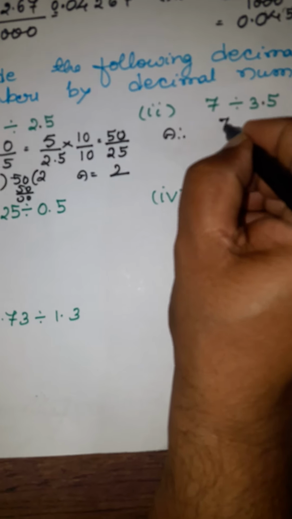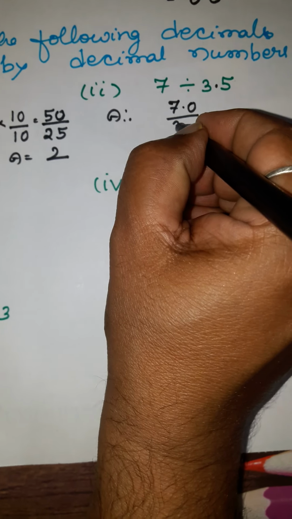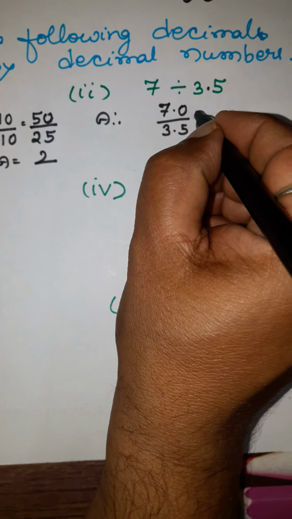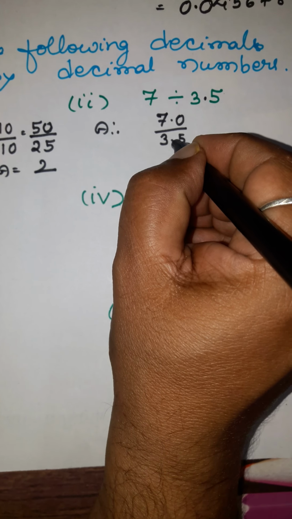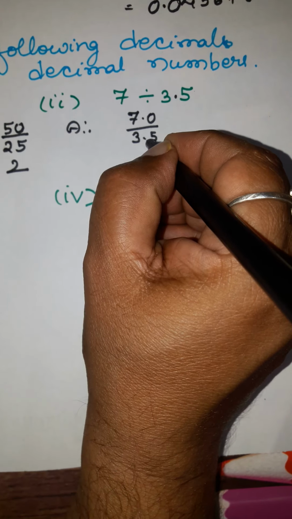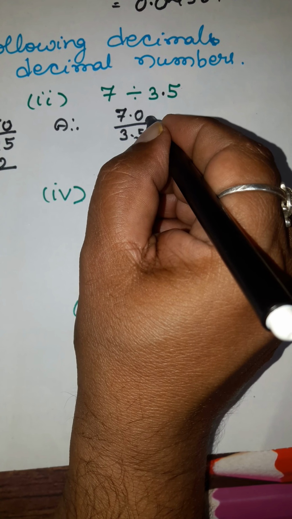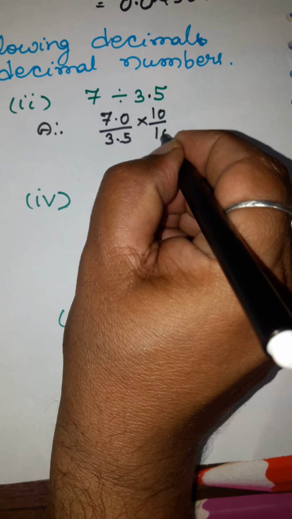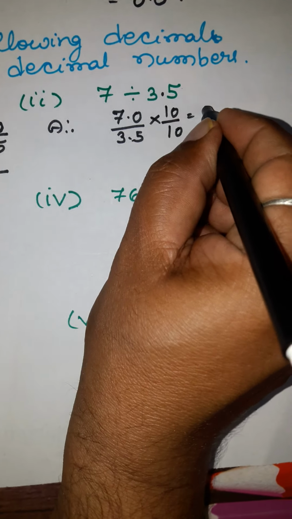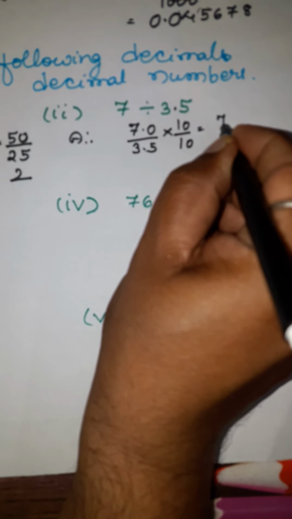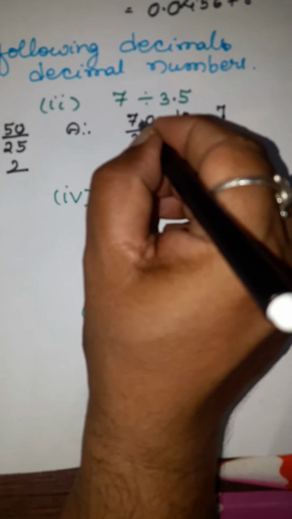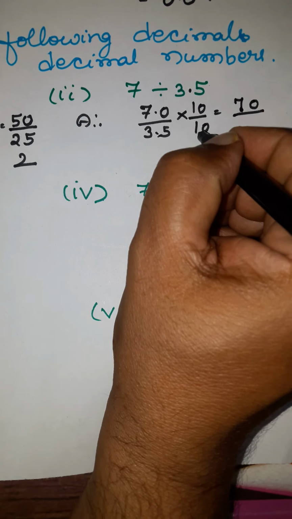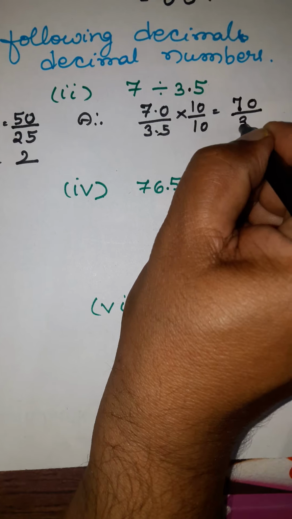The second problem. 7 I will write it as 7.0 divided by 3.5. So I want to remove decimal points in the denominator. So I have to multiply this by 10. This also I have to multiply by 10 because there should be a balance. 7.0 into 10 is equal to 70. 3.5 into 10 is equal to 35.